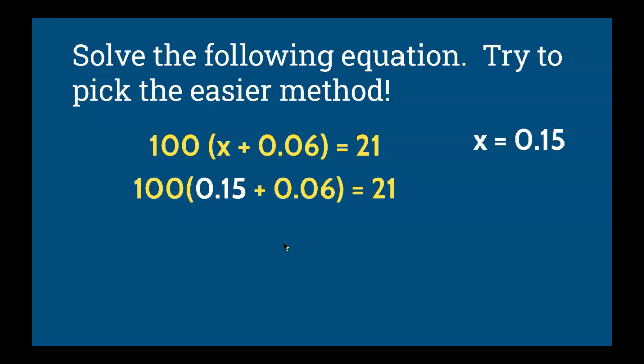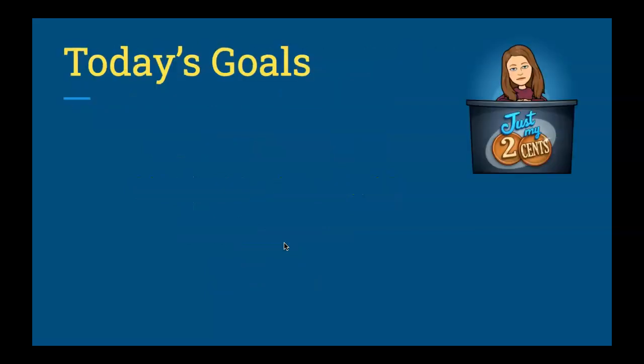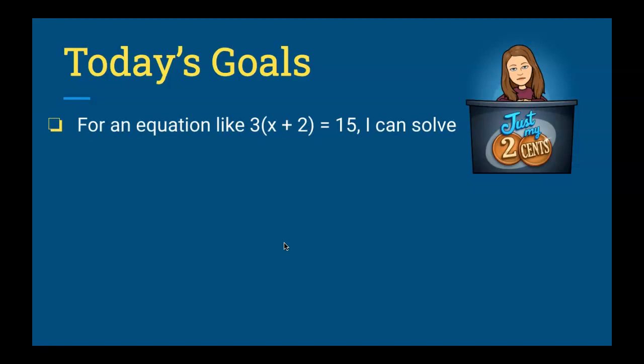Using the order of operations, we're going to solve in parentheses first, and 0.15 plus 0.06 is 0.21. And then I would do 100 times 0.21, and that equals 21. So because both sides of our equation equal 21, we would say this checks out, and x equals 0.15 is the correct answer.